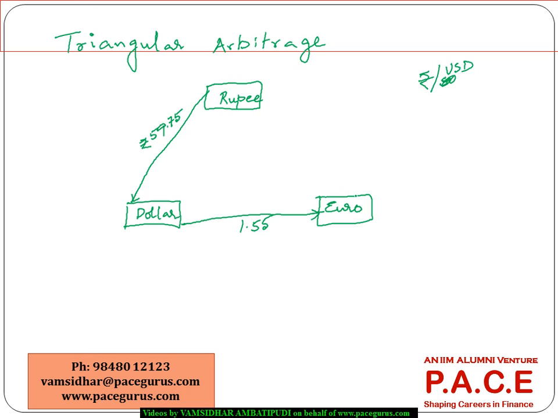So which means converting euro to rupee, from the market standpoint, is 59.75 times 1.55.